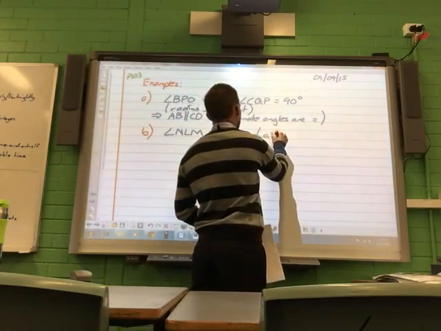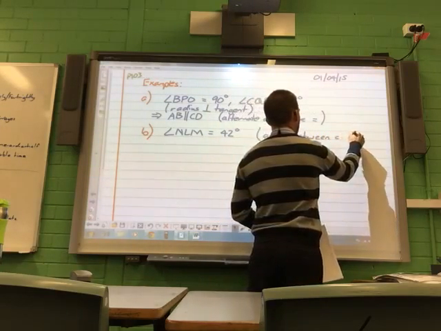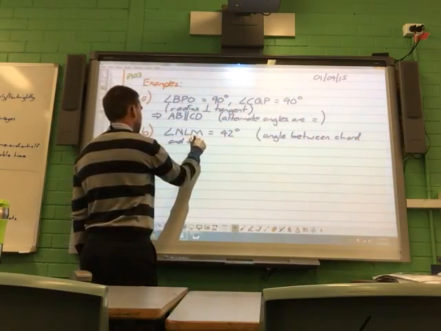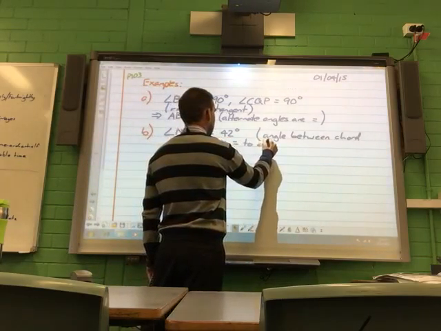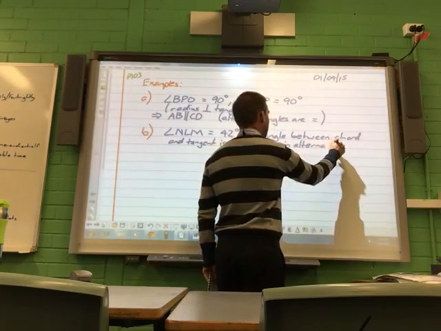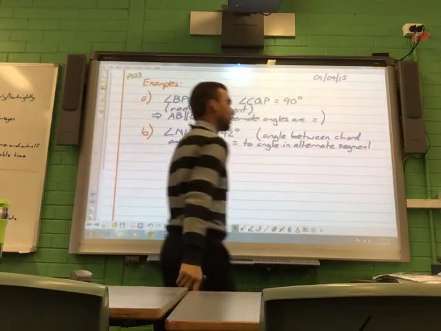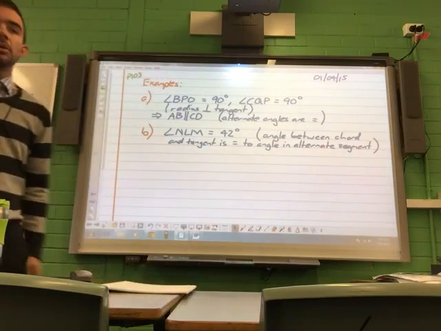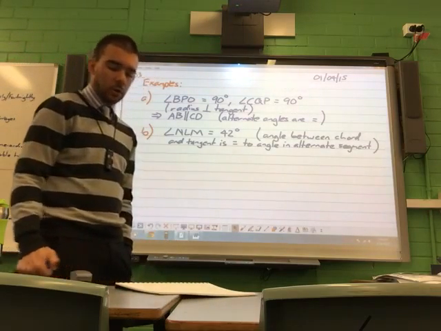Right, reason: angle between chord and tangent is equal to angle in alternate segment. Okay, so make sure we're writing down these reasons every time, please, so that we are learning them, we are memorising them, and we're getting good at them.